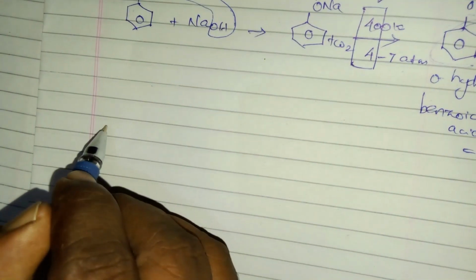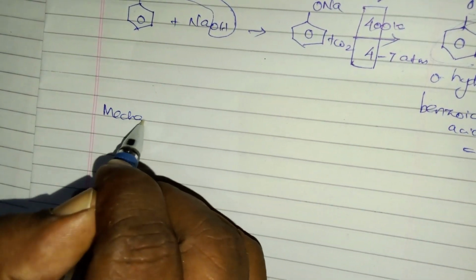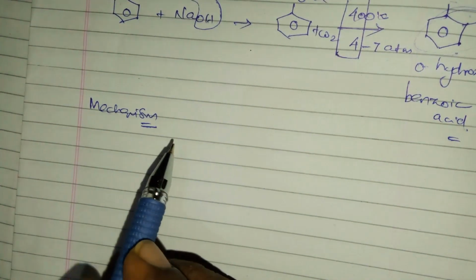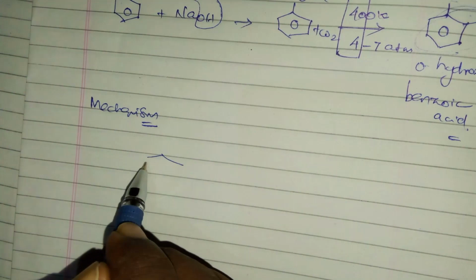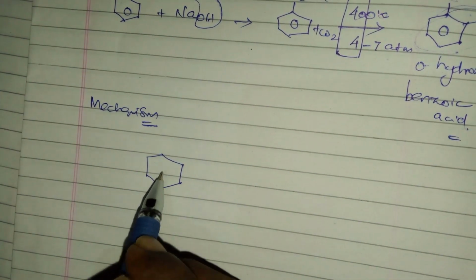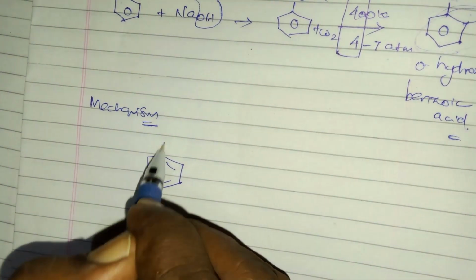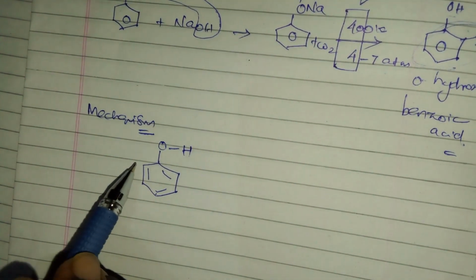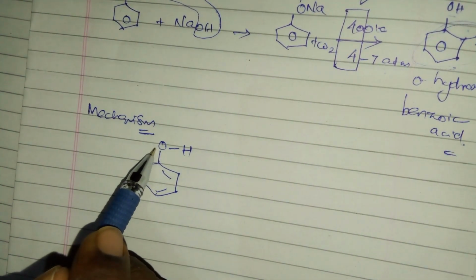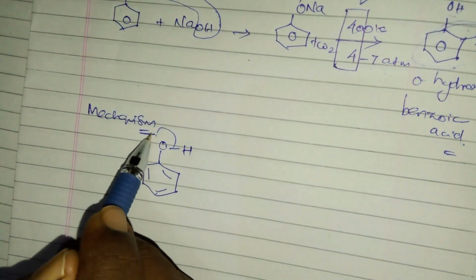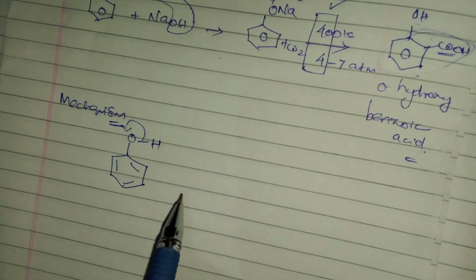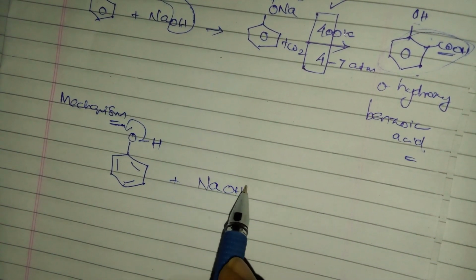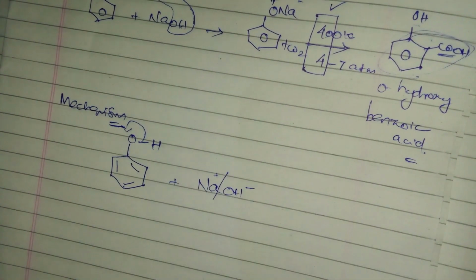So first, sorry for my handwriting, try to understand it. First we take phenol. Now what happens? This oxygen, being electronegative, pulls the electrons towards its side. The NaOH provides an OH minus ion.